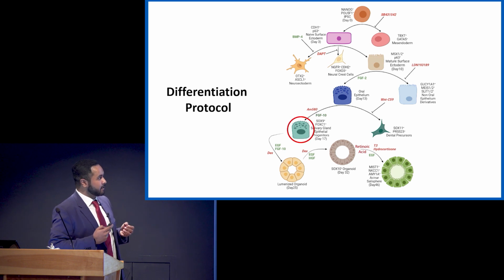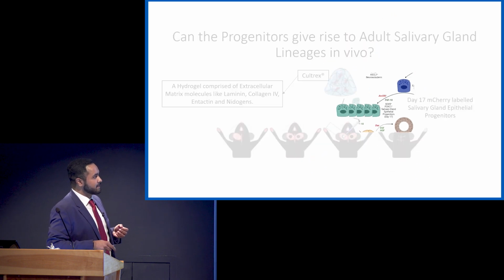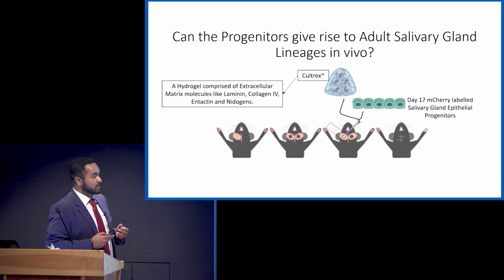So to address that, we implanted our cells into an immunocompromised mouse model, along with the same hydrogel, Cultrex, and prior to the transplantation, we labeled our cells with mCherry, so basically our cells fluoresce red. That way we can easily distinguish our cells from the mouse cells, because the mouse cells will not fluoresce red.